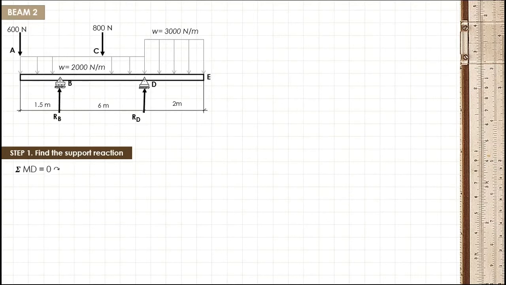So, summation of moment at D is equal to 0 wherein clockwise direction is positive.